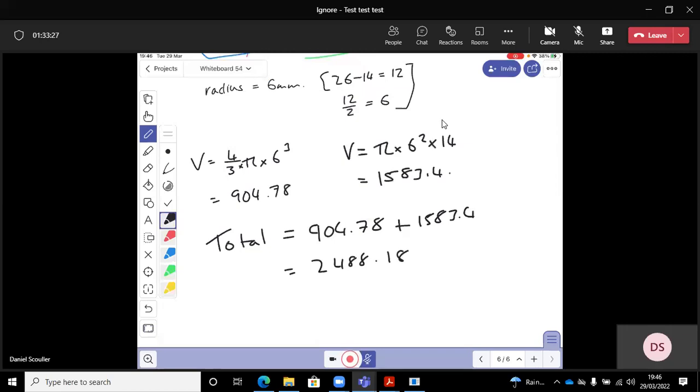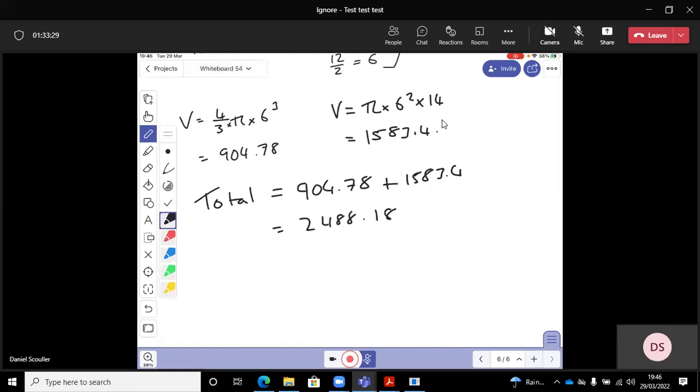Two significant figures. Okay, so significant figures would be that one, and then we round it. So 2500.